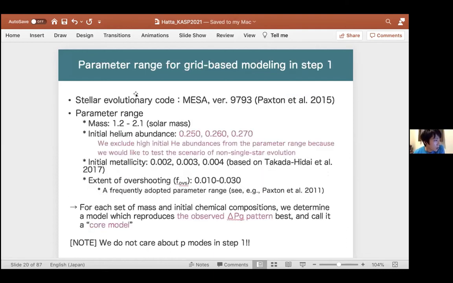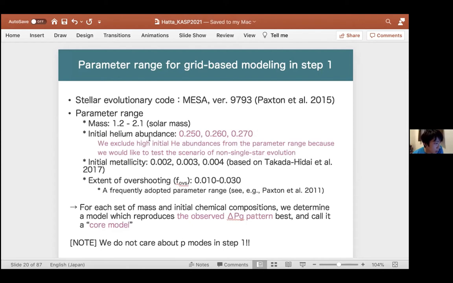Then here is the specific parameter range for grid-based modeling. In step one, we use MESA, an ordinary one-dimensional stellar evolution code, and here's the parameter range. We adopt typical values for a main sequence A-type star. The important thing is that we set the initial helium abundance to be relatively low compared with previous studies.